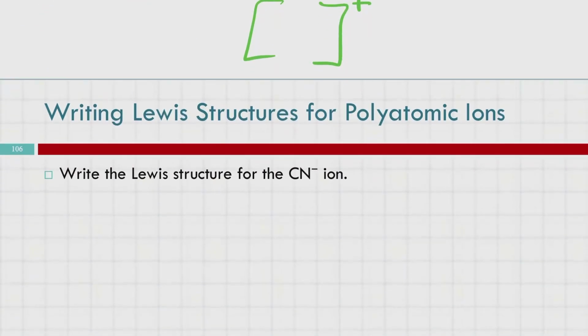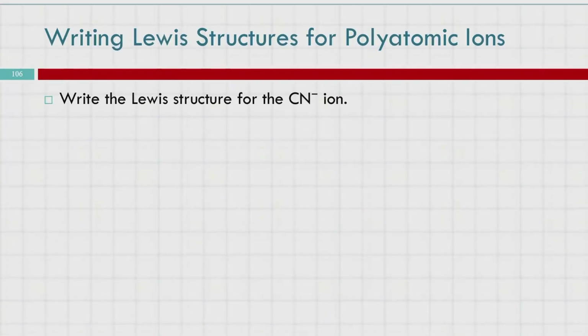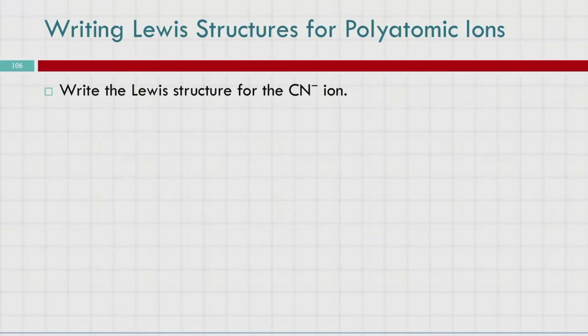So let's look at CN minus, cyanide, because that's one of the easiest examples. So for CN, first step, skeletal structure. This one's hard to get wrong.